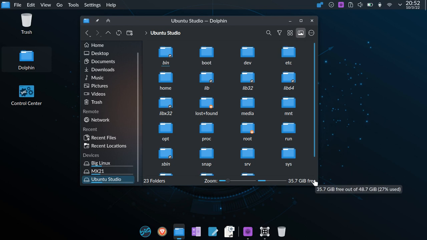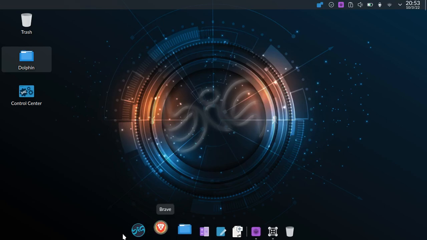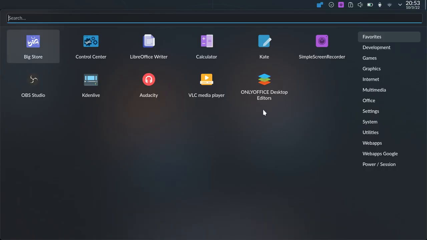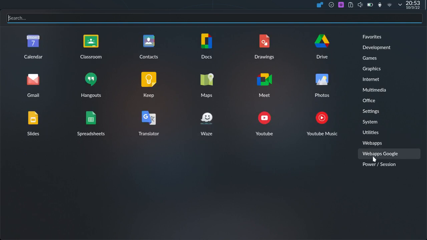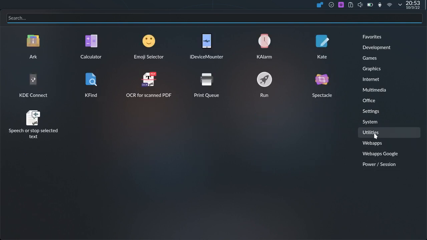I think I gave the same 50 gigabytes, and I still have 35.7 gigabytes free, so I only use about 27%, and the rest of my hard disk is just empty space.